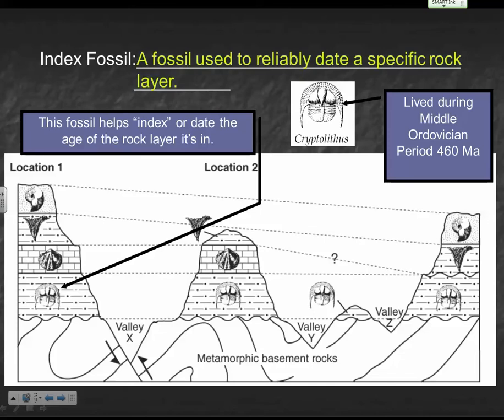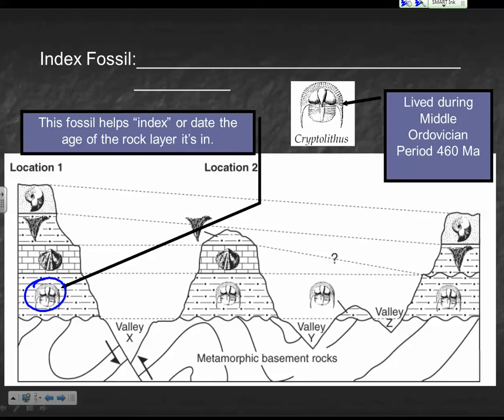If you look in this big diagram here showing all these different layers, this fossil helps us index or date the age of the rock layer it's in. So if we can somehow find out how old this thing is, which is a Cryptolithus fossil, it's a type of trilobite, and we know that this thing lived in the Middle Ordovician period, 460 million years ago, then we know if we find this in another rock layer, like right here, that rock layer has been dated also to 460 million years ago.